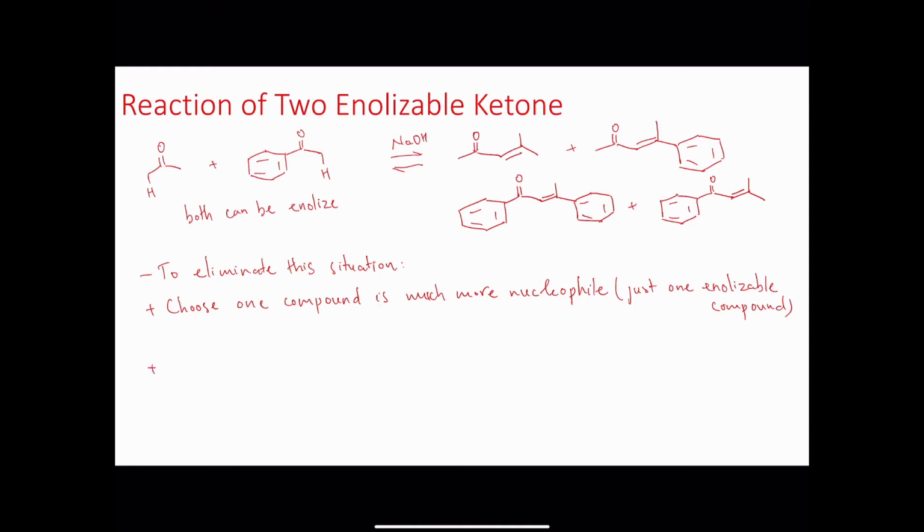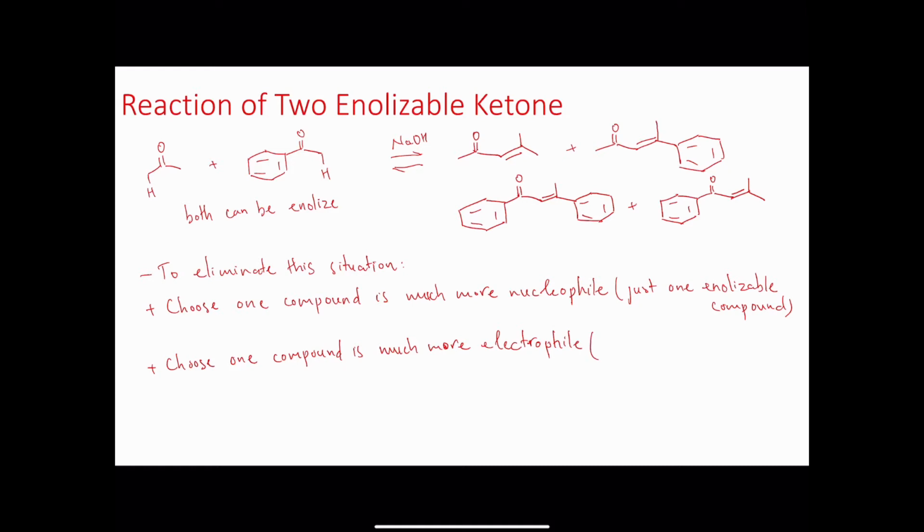The second way that we can use to eliminate the mixture of products is to choose a reaction in which we have one carbonyl compound that is much more electrophilic than the other one. Alright, so we choose one carbonyl compound which is much more electrophilic.